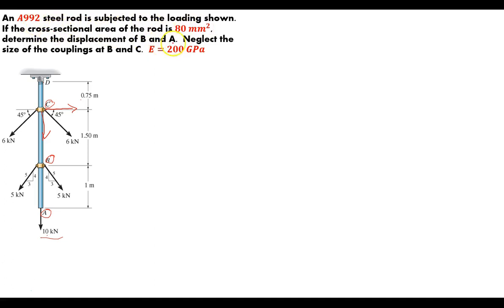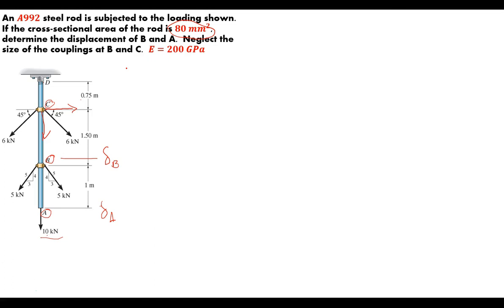If the cross-sectional area is 80 millimeters squared, determine the displacement of B. So what's going on at B? The displacement of B and the displacement of A. Okay, so that's what we're looking at. Neglect the size of the coupling. So basically we're looking at the coupling as part of a long rod, not changing the area.